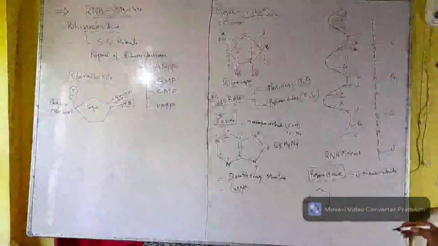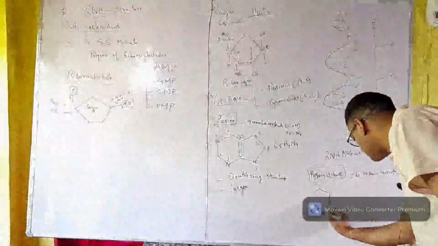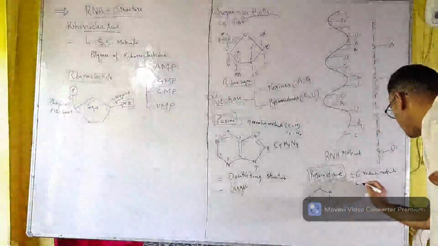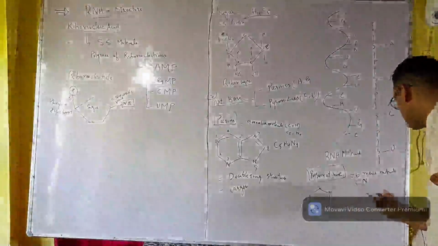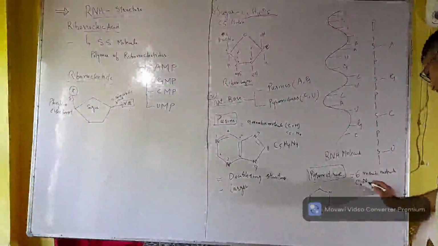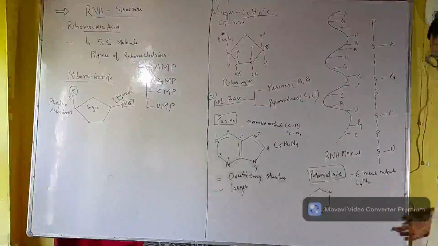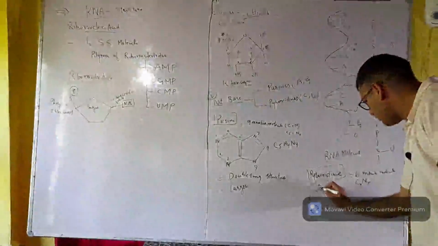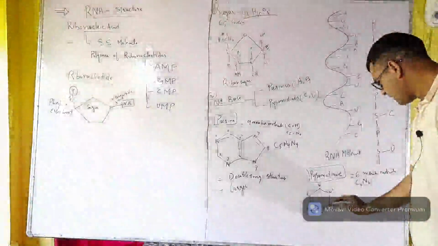We have 2 nitrogen. So we have carbon and nitrogen. How many carbons are there? 4 carbons and 2 nitrogen. That means a 6-member molecule. These are 1, 2, 3, 4, 5, 6. We will satisfy the valency of carbon.